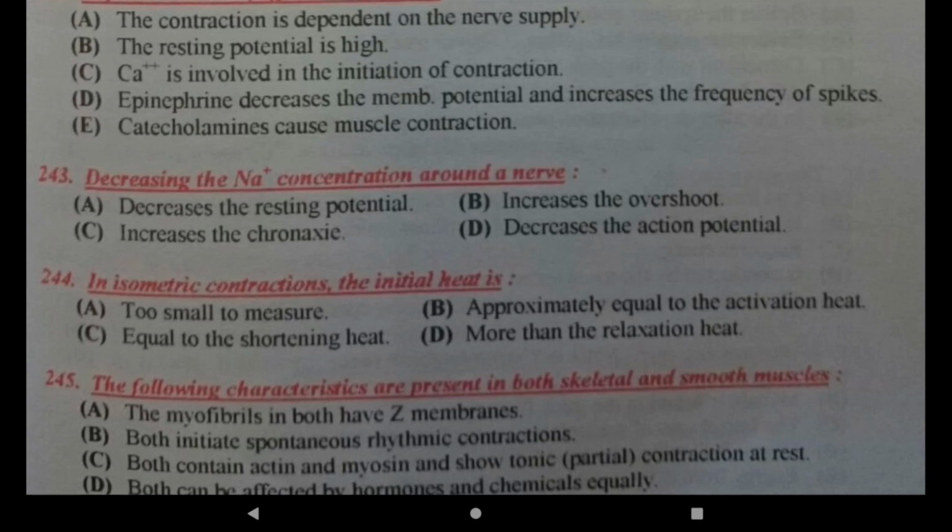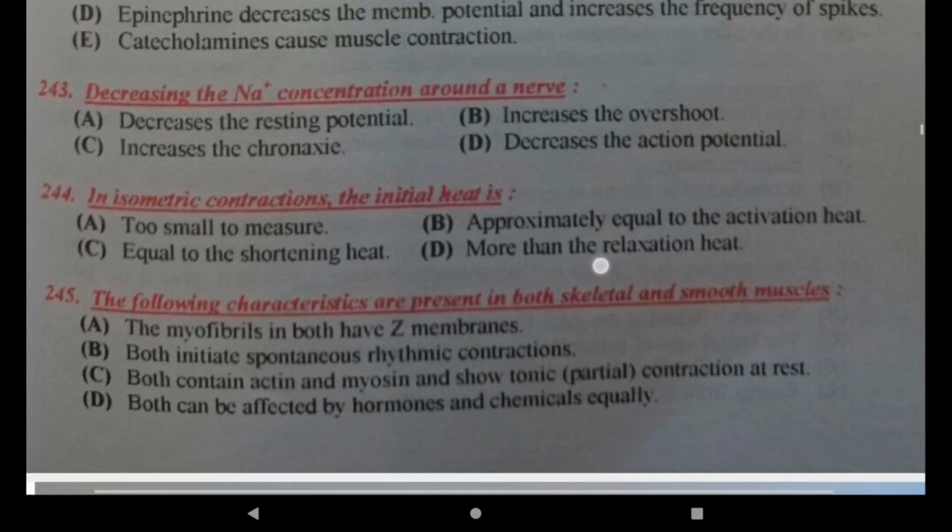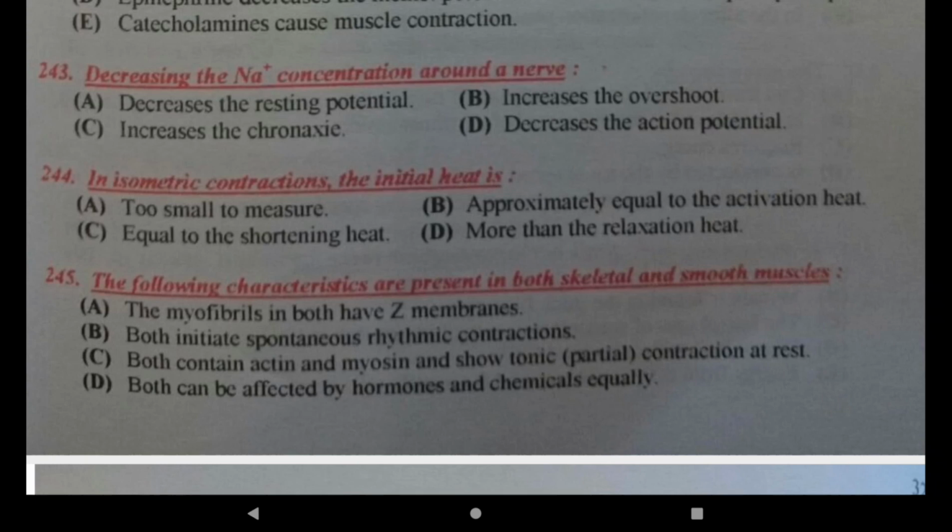244. In isometric contraction, the initial heat is: A, too small to measure. B, approximately equal to the activation heat. C, equal to the shortening heat. D, more than relaxation heat.